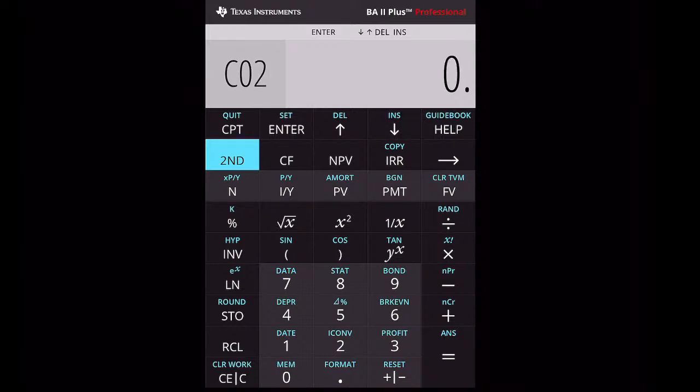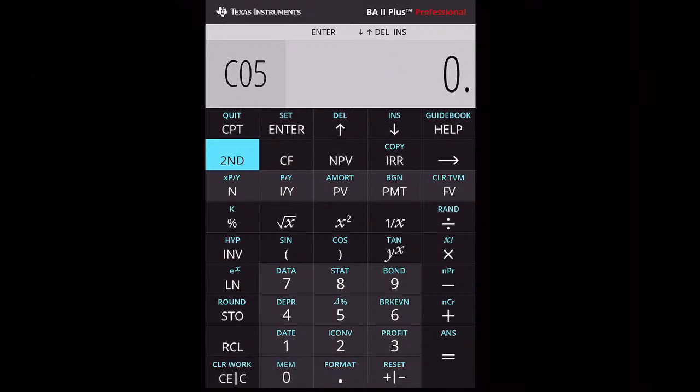Second term, 900, enter, down and down. And the third one is 500, enter, down and down. And 1600, enter, down and down.